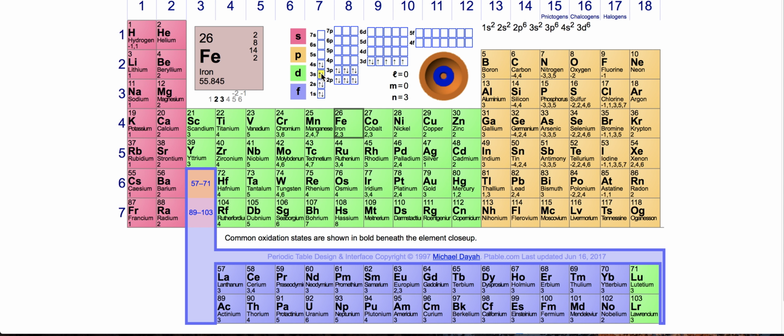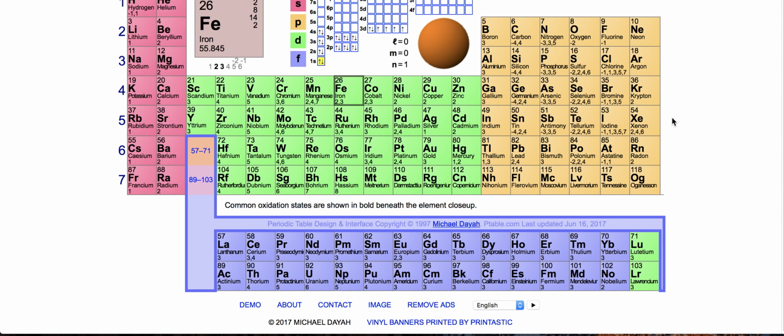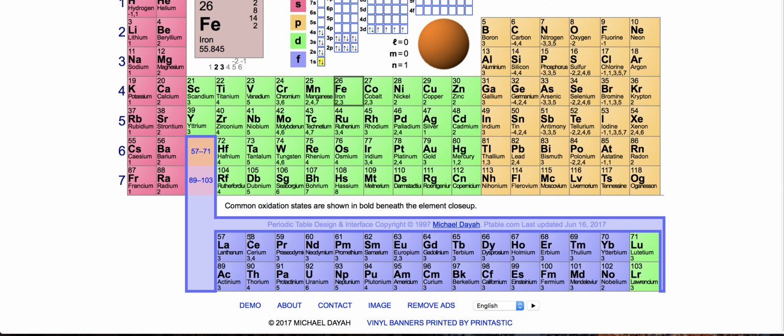And if I go over here, it will just show an s orbital. That shows the concentric s orbitals. So there's the s orbitals right there. That's pretty neat.